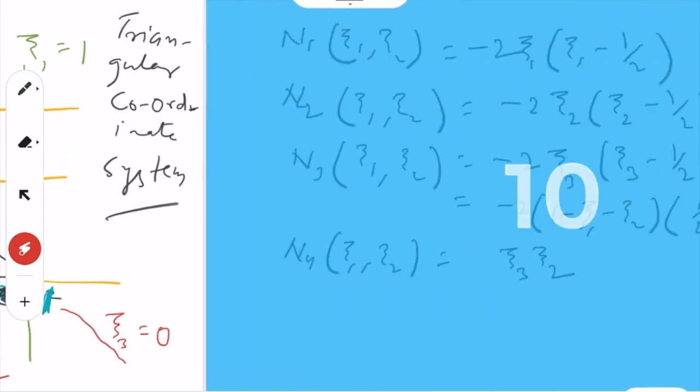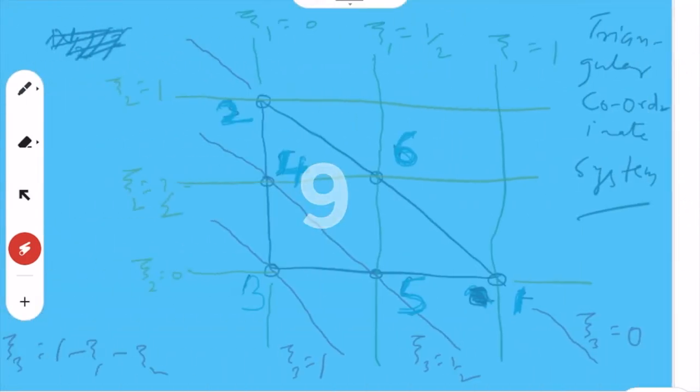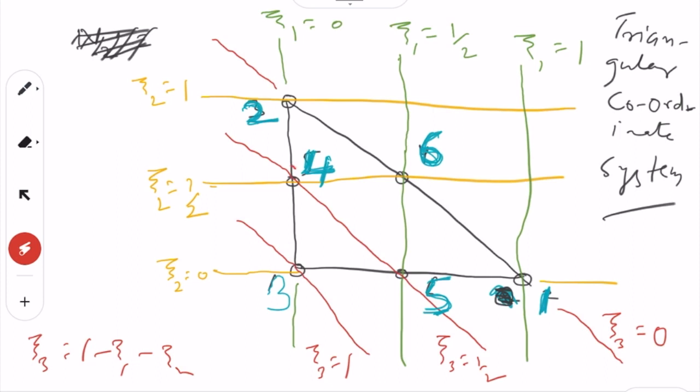Okay, so now we can expand. However, the value has to be 1 at this point, which has xi1 equal to 0 and xi2 equal to half.